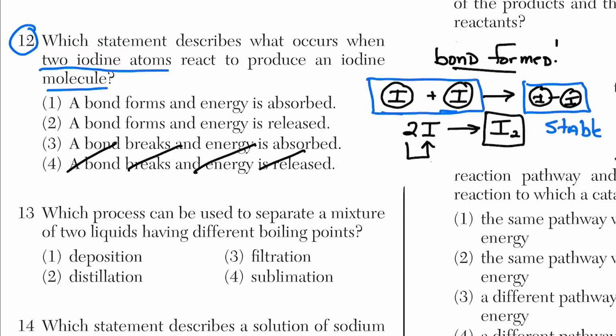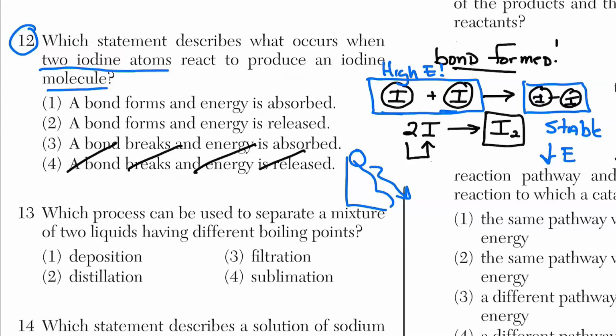Things in nature go from high to low. So you should know stable means low energy. And therefore atoms together that can react must be what? High energy. So the reason why bonds are formed is to get to a low energy position. A rock on top of the hill is going to eventually move to the bottom. It never goes the other way.